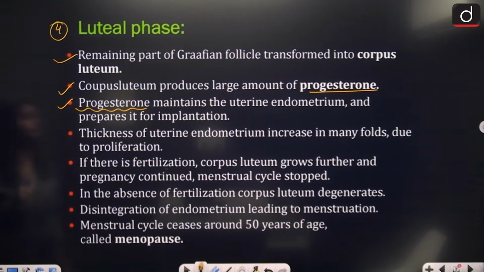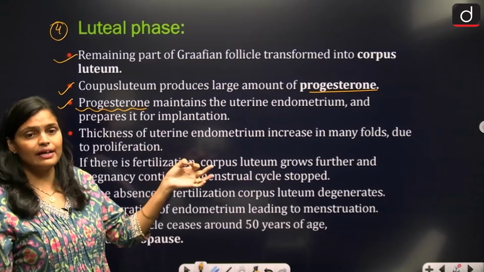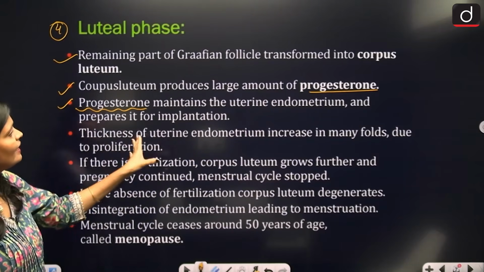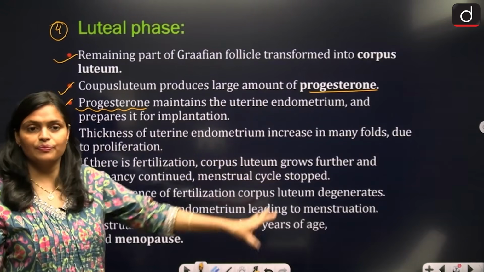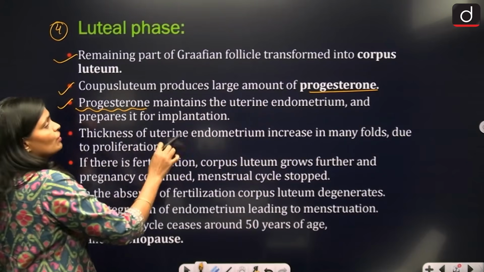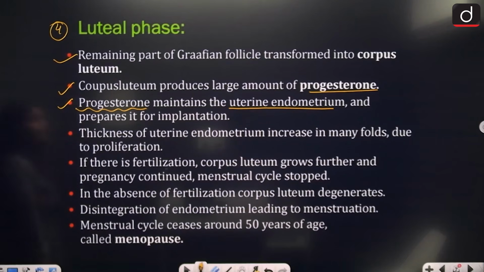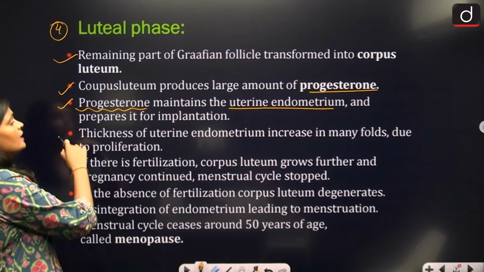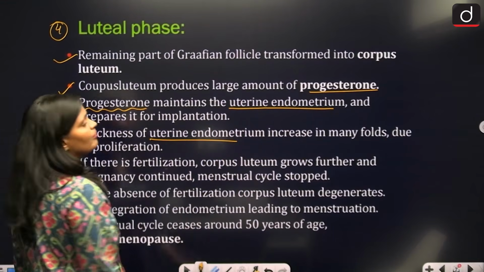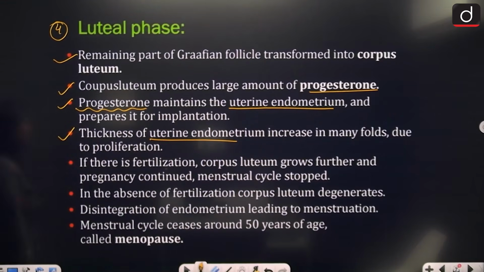Progesterone maintains the uterine endometrium and prepares it for implantation. The thickness of the uterine endometrium increases many fold due to proliferation.